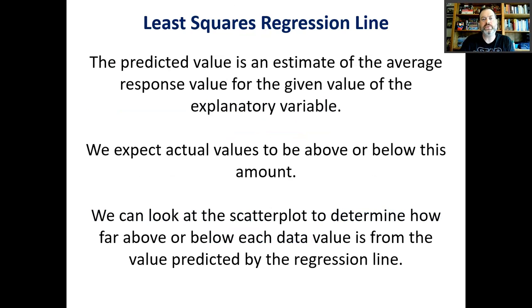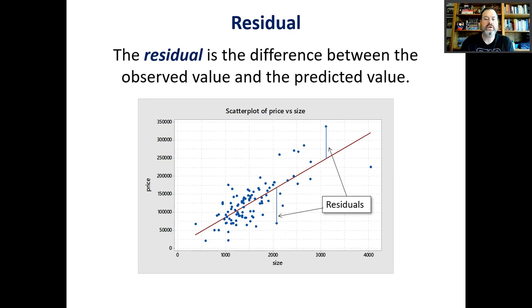So what we do is we look at a scatter plot and we can determine how far above or below each data value is from the value predicted by the regression line. So let's take a look at that. That leads us to this definition called the residual. The residual is the difference between the observed value and the predicted value. So what I have here is two houses. Here's a 2,070 square foot house.